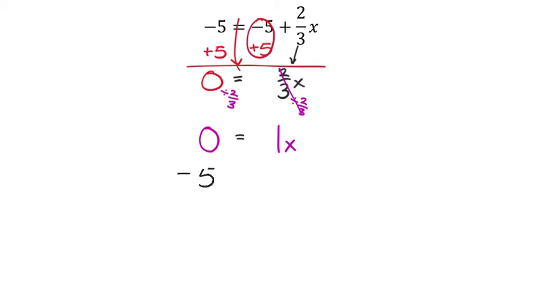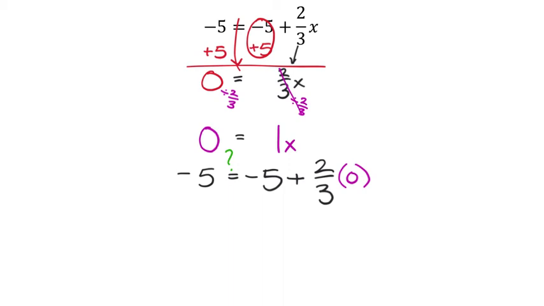So negative 5 needs to equal negative 5 plus 2/3 x, okay? Right here, I'm going to take my x and replace it with 0, because that's the value I think x should be to make it a solution to the equation, okay? And here's my question mark for the equal sign too.